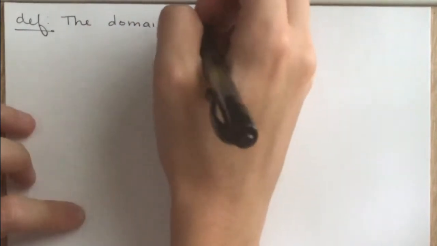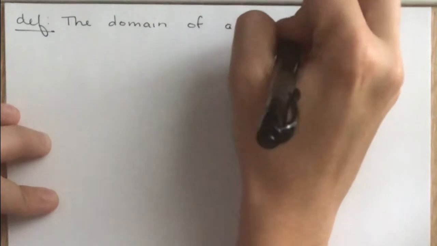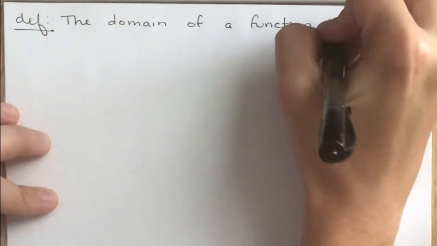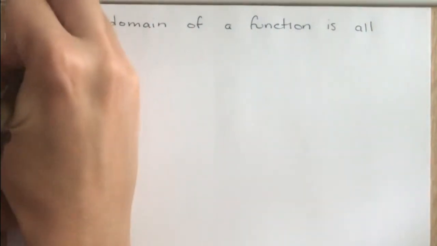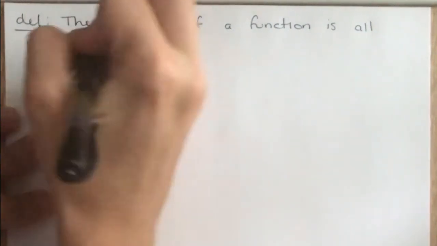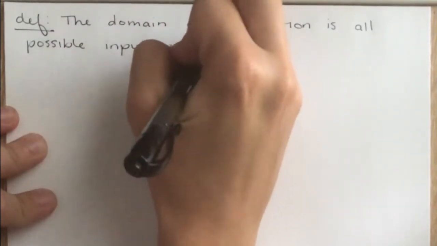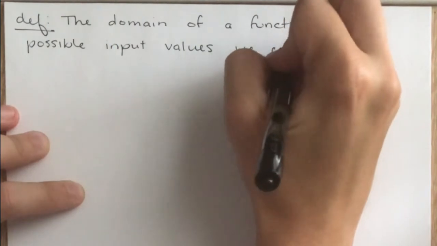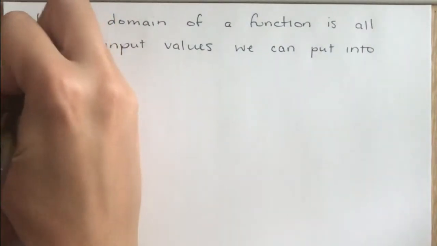Next definition. The domain of a function is all possible input values we can put into that function.